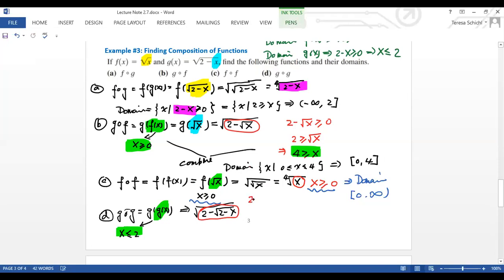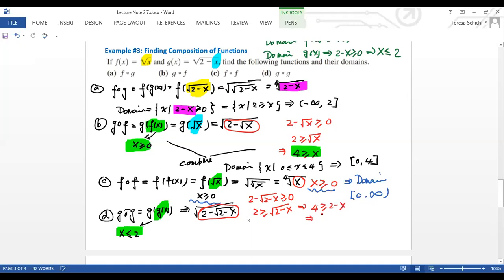That means 2 minus the square root of 2 minus x has to be greater than or equal to 0. So 2 has to be greater than or equal to the square root of 2 minus x. Now I square both sides, so 4 is greater than or equal to 2 minus x.